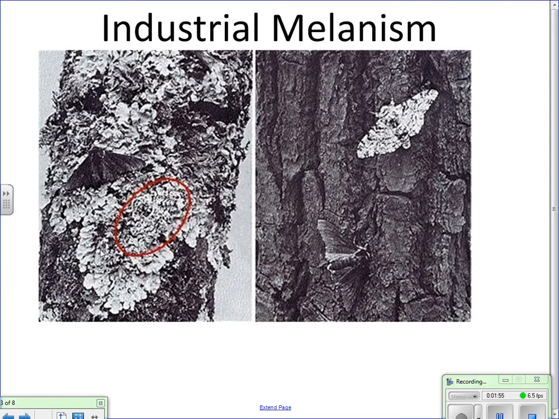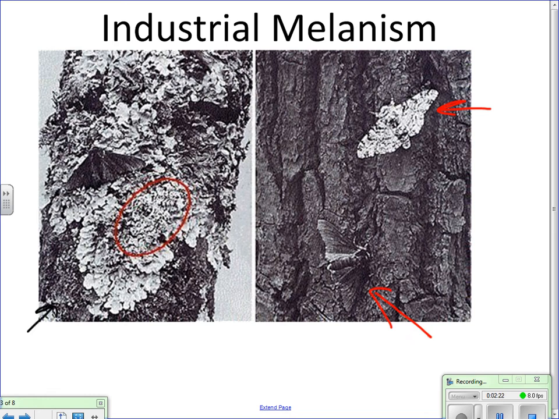Another example of some supporting evidence for evolution is the idea of industrial melanism. I talked a little bit about this in the previous podcast on Darwin and evolution. What happened in England, this is a pepper moth, by the way, and pepper moths have two alleles. There is an allele that allows pepper moths to be white, and then there's an allele that allows pepper moths to be black.